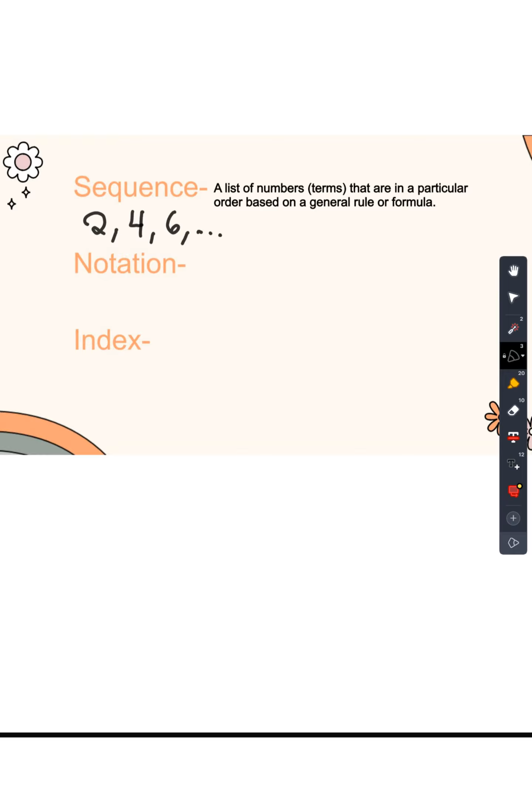Now, our notation, like I said, we call each one of those things a term. So our notation is going to be A sub n represents the whole sequence.